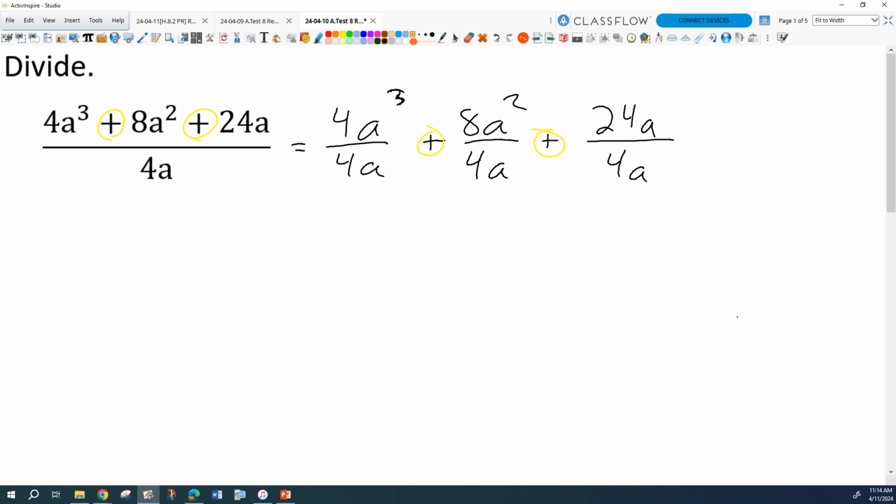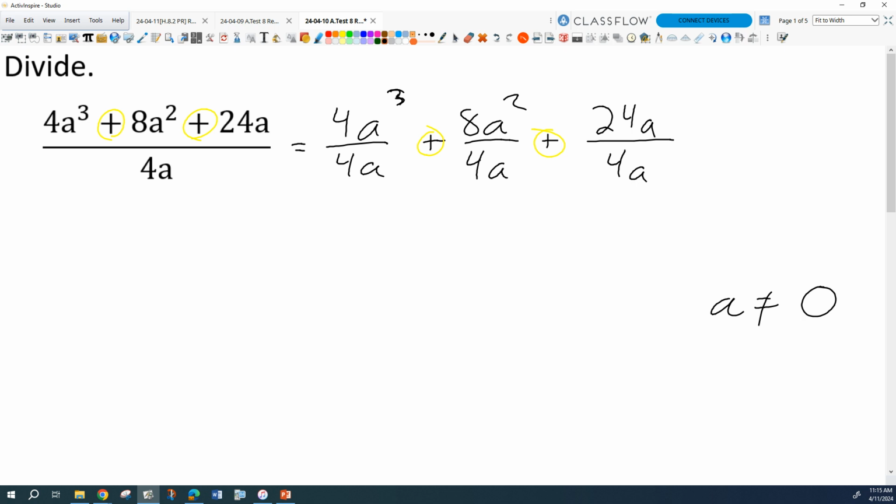Are there any values of a that we have to exclude? Zero. Yep, because there's only one different factor in the denominator that has a variable in it, and it's 4a. It shows up in all the denominators, so a can't equal 0.